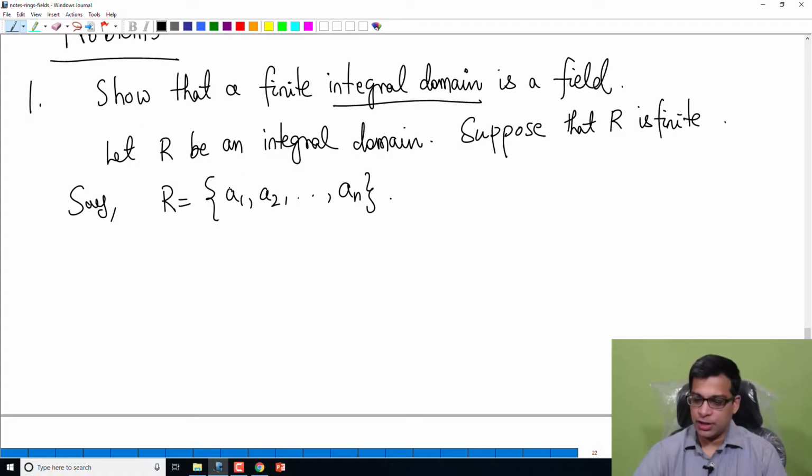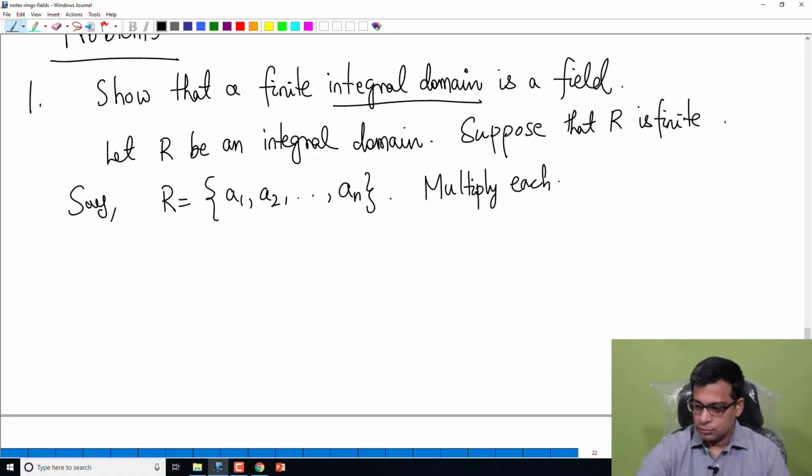Now I'll consider the following. Of course, remember that 1 is an element of R. I'm not specifying what 1 is. 1 could be A1, 1 could be A2 and so on. I don't need to know what 1 is. I'm just listing all the elements. They're all the same to me. Now multiply each element of R by A1.